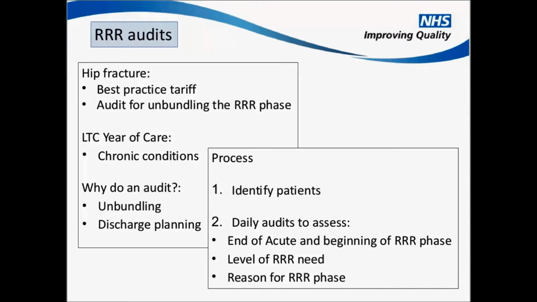And finally, what they were looking at is the reason for the RRR phase. Why was a patient staying in acute hospital for that RRR period? Was it that the service was only provided in an acute hospital, or was it for some other reason? And we'll look at some of those reasons a bit later on.